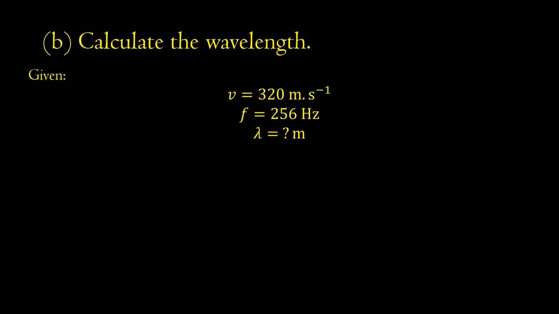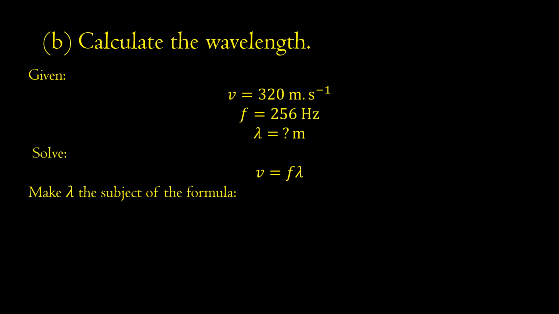We will solve this problem by using the wave equation, which says that the speed V equals the frequency F multiplied by the wavelength lambda. Now, we must first make lambda the subject of the formula.